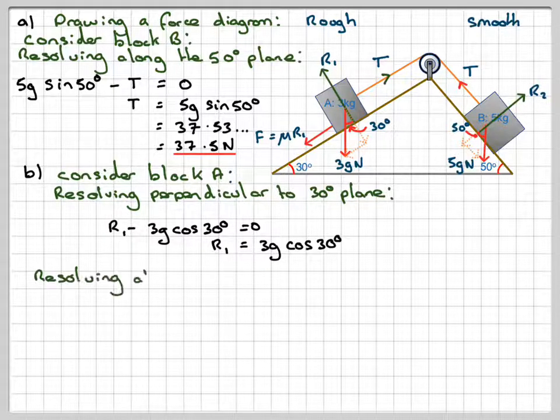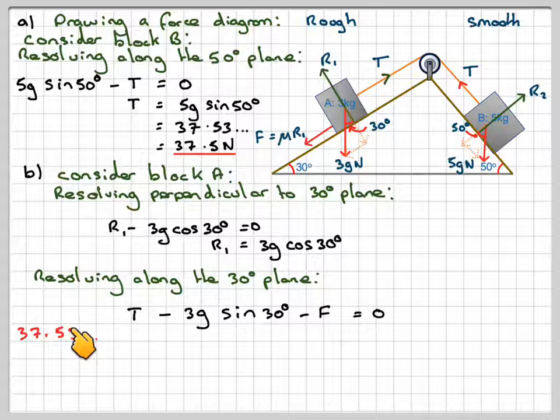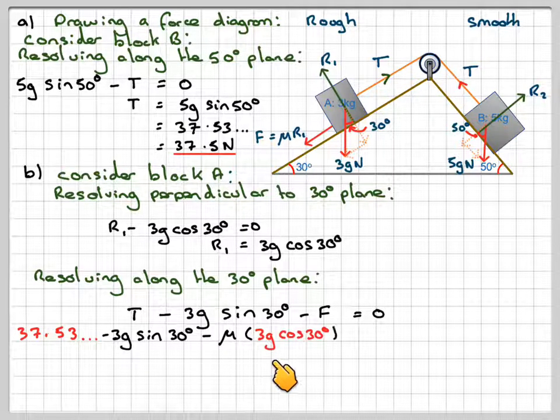Now, if we resolve along the 30 degree plane, so this way, we've got T minus the weight component, 3g sin 30, minus the frictional force, which is equal to 0. So we've got T from this part, don't use the one that you've rounded off though, minus 3g sin 30 minus mu, which we have to find, times R1, which is 3g cos 30, and that's equal to 0.